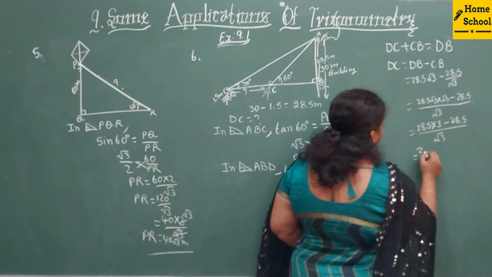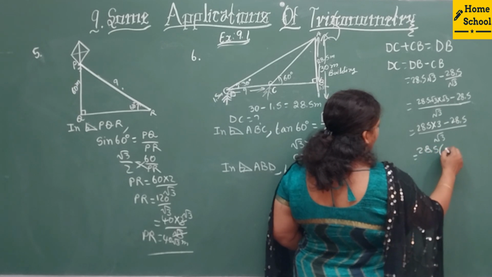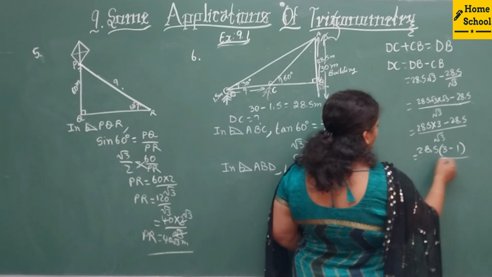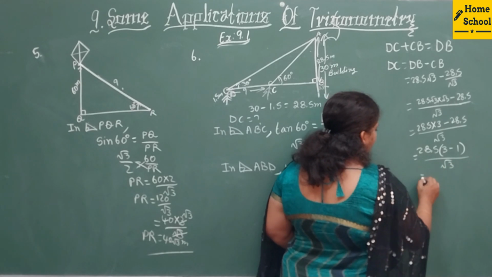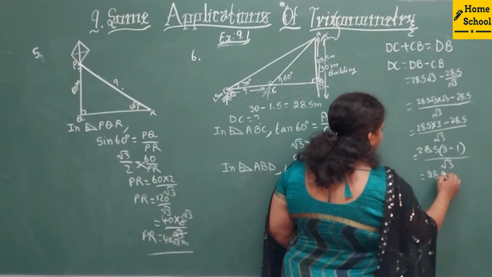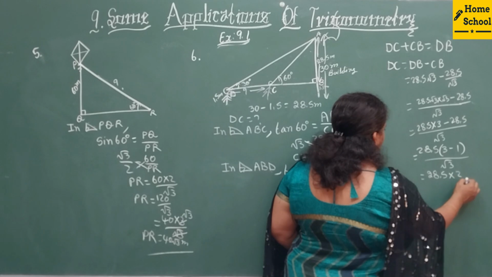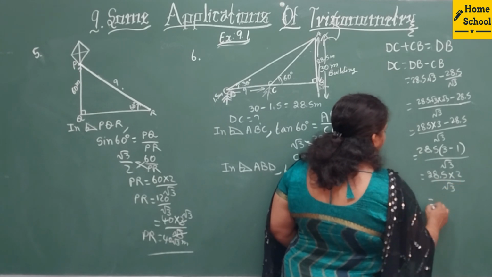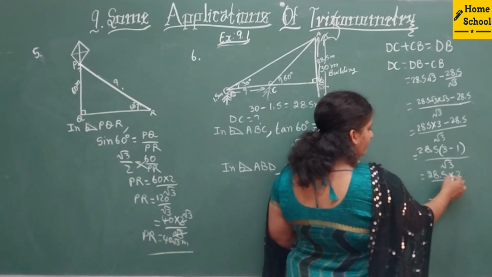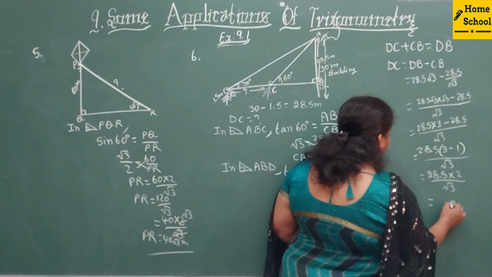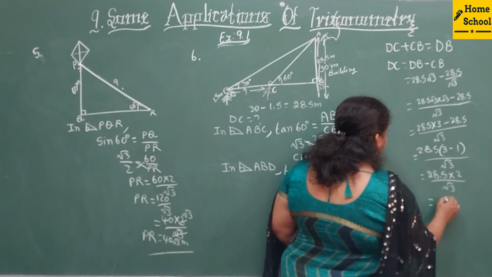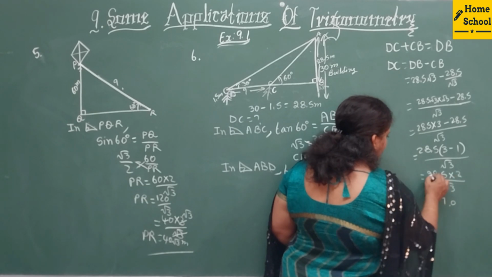Take out 28.5 into 3 minus 1 by root 3. 28.5 into 3 minus 1 is 2 by root 3. If you multiply 28.5 into 2, 2 5s are 10, 2 8s are 16, plus 1 17, 2 2s are 4, 5.